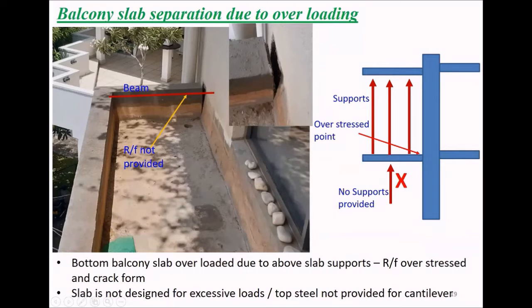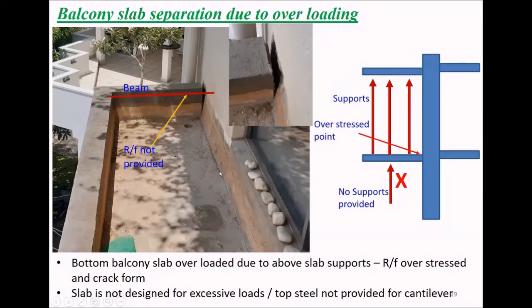There is no reinforcement. This is a concrete beam, but there is no connection to the main beam. No reinforcement, that's why I have written here reinforcement not provided. Actually, if they provided a reinforcement connection to this main beam, this would not happen, right?